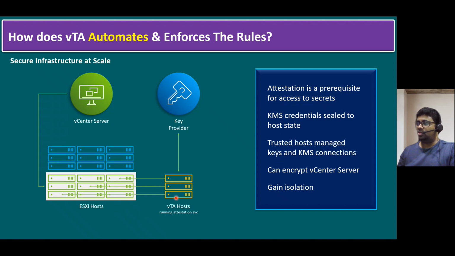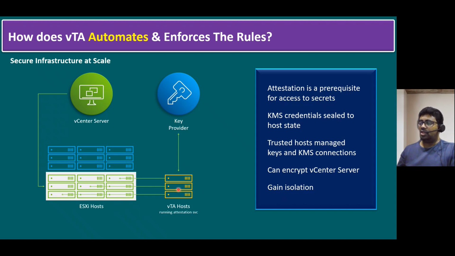This trusted host manages all these keys. Earlier our key provider keys were managed by vCenter, but now they are managed by the VTA host, which can encrypt vCenter also. This will help to encrypt not only our host, it will also encrypt the vCenter server and gain isolation. That means this infrastructure is completely isolated from our production site.